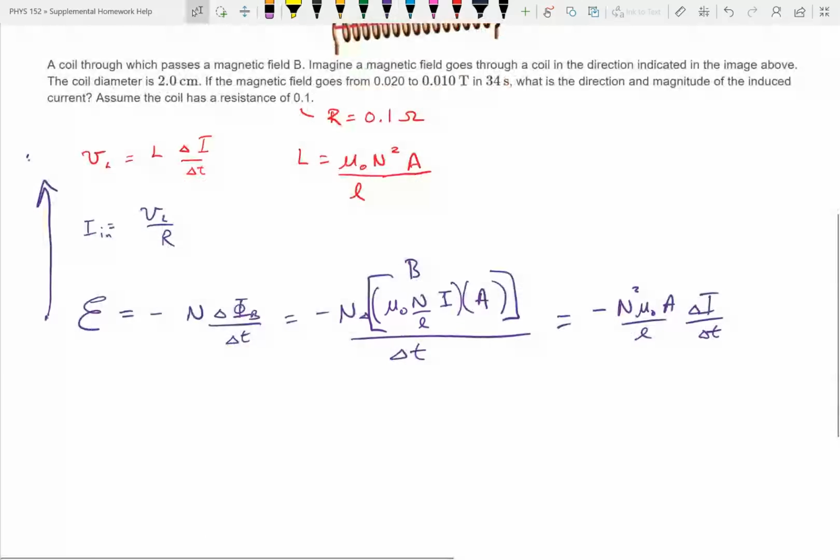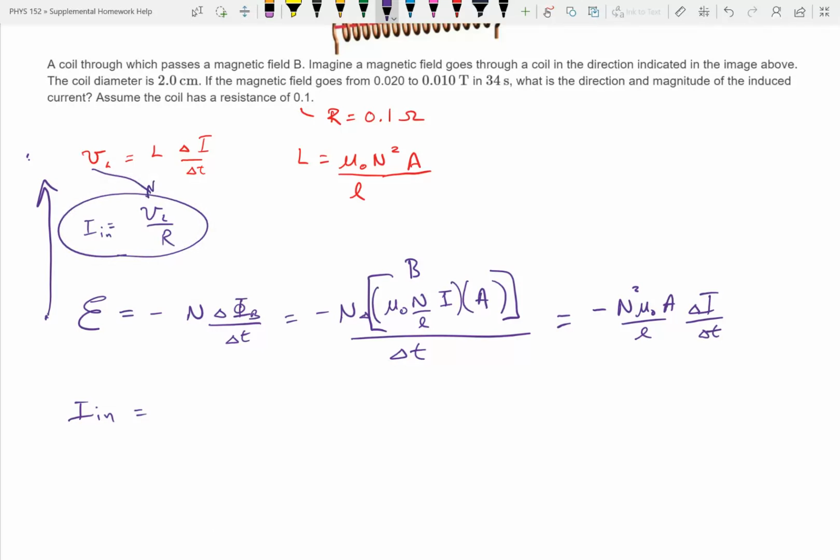Okay, so with all of that said, we can just say the current induced is equal to, taking this equation and putting this into it, L over R delta I over delta T. And so we need to calculate what the L is, or I can just put everything in here: mu naught N squared A over length times R. A is pi R squared, and they gave us diameter, right?